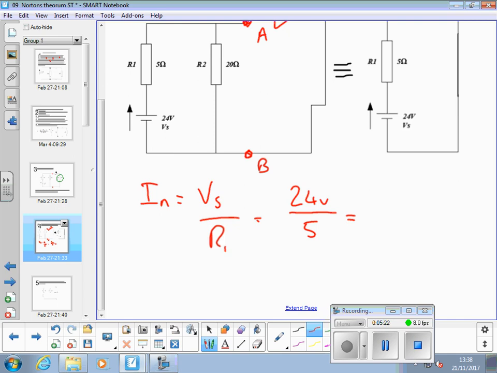I really ought to have made that 25 or the resistance 6 really, didn't I? But never mind. What is it, Jack? 4.8? Is that exact? 4.8 amps. Okay, so in our final Norton's equivalent circuit, we're going to have a current source of 4.8 amps.